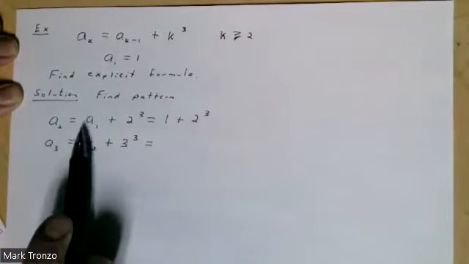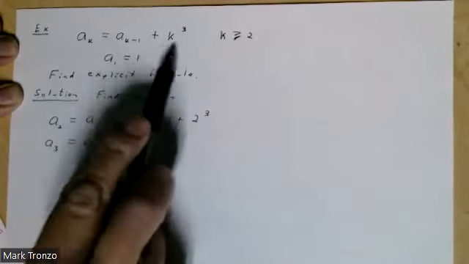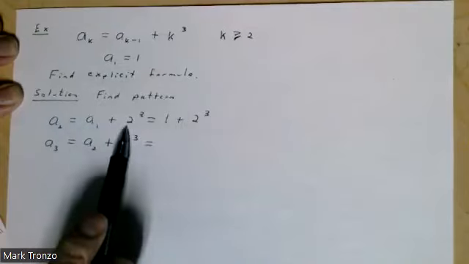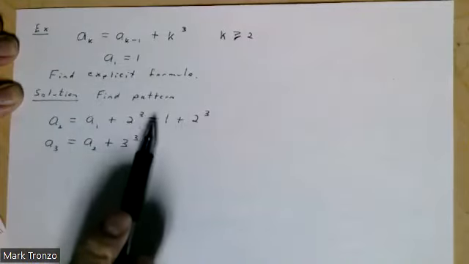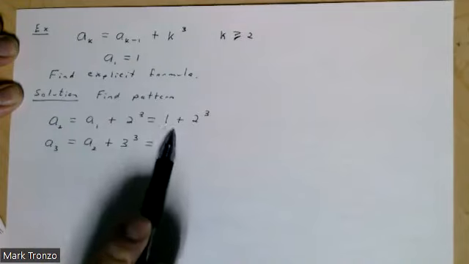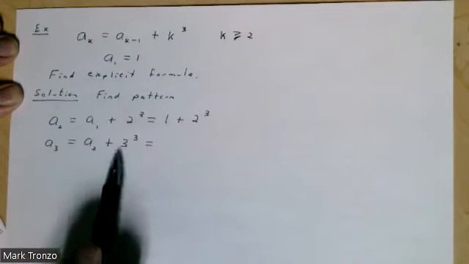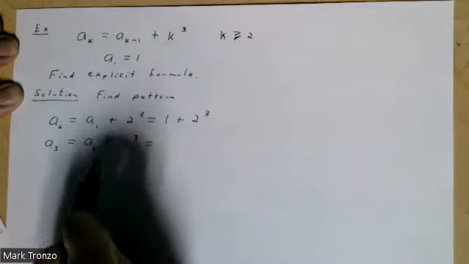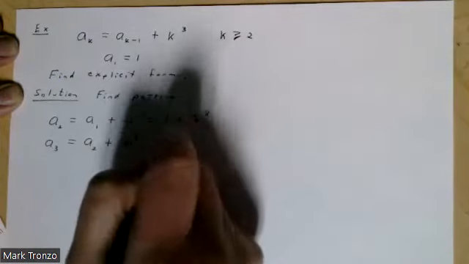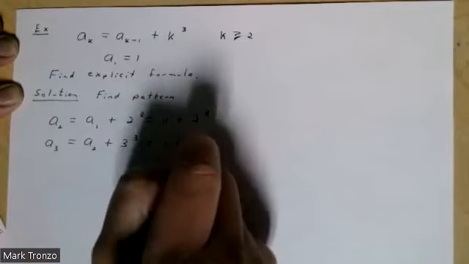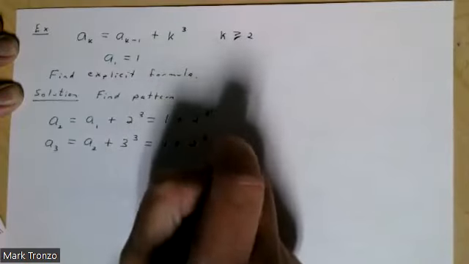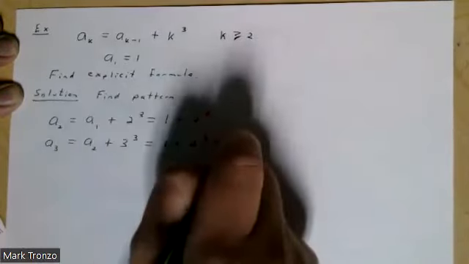So just like before, A2 is A1 plus K cubed. And then A1 was 1, put that in. A3 is going to be A2 plus 3 cubed. And then for A2, we have this. And then we'll add this one on.